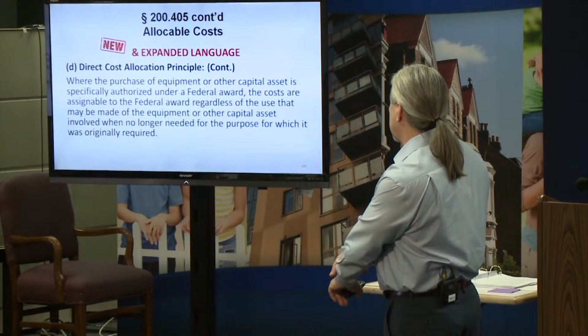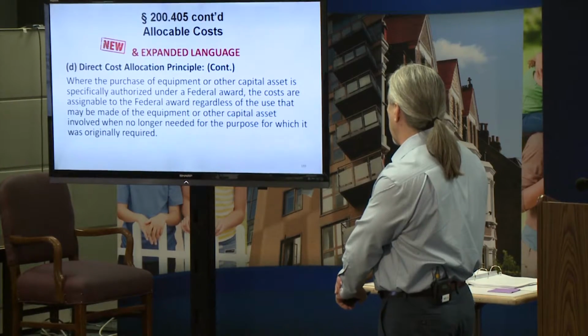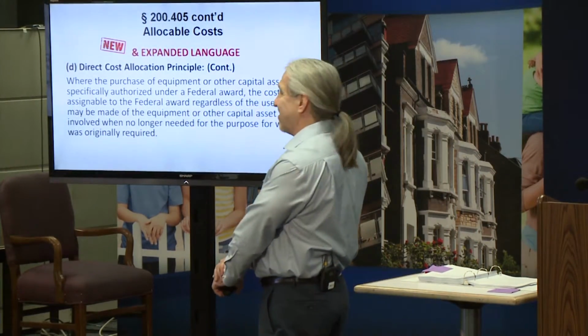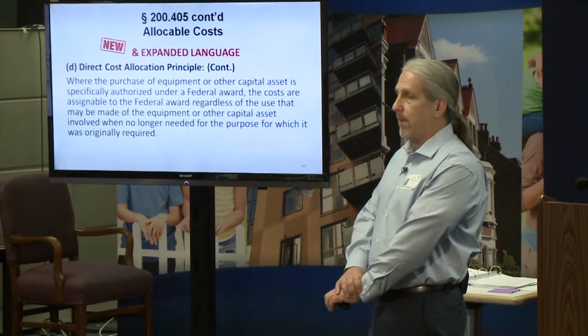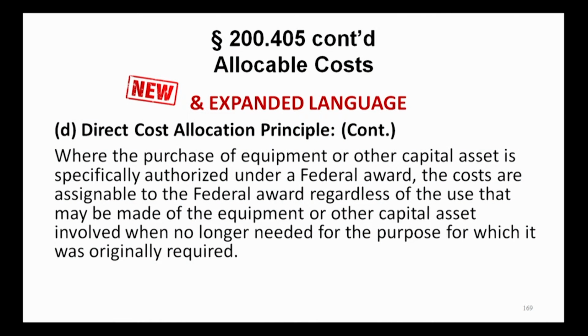Continued, where the purchase of equipment or other capital asset is specifically authorized under a federal award, the costs are assignable to the federal award, regardless of the use that may be made of the equipment or other capital asset involved when no longer needed for the purpose for which it was originally required.